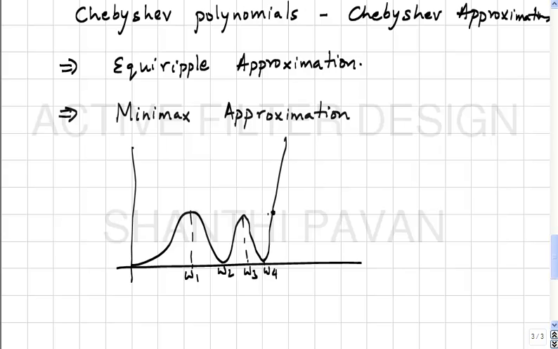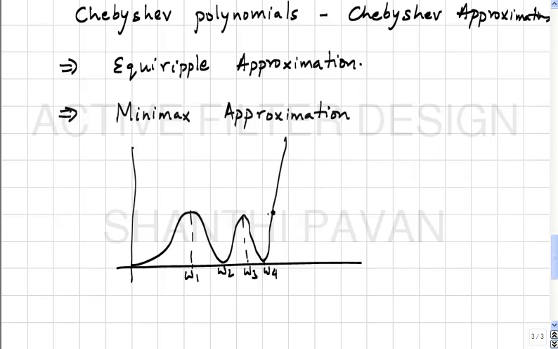Now if I move omega 2 to the left or right, or omega 4 to the left or right, away from their values which were found from the Chebyshev approximation. Please note, we already know the polynomials now. So in principle, finding omega 1, omega 2, omega 3 and omega 4 is trivial, because we know the form of the polynomial.